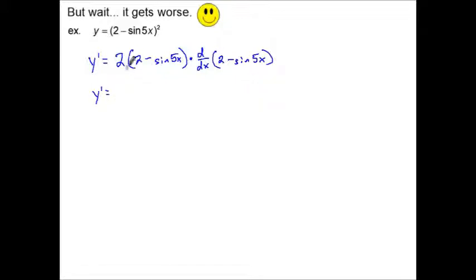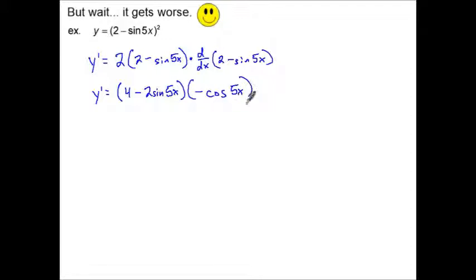Okay, to save a little time later, I'm going to distribute this right here. So this becomes 4 minus 2 sine 5x. Okay, now the derivative of this guy, conveniently 2 becomes a 0. The derivative of negative sine of 5x is going to be negative cosine of 5x.